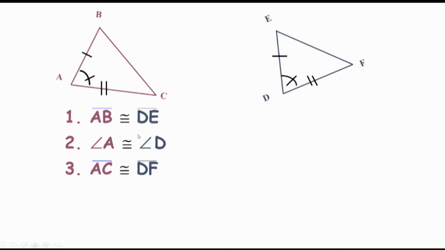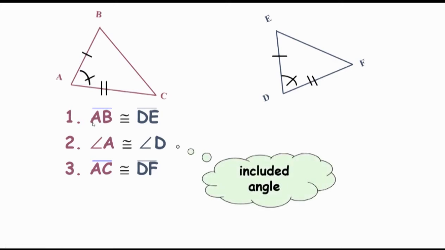So look at this. Three proofs that these two triangles are congruent. So we have S. We can actually say angle A and angle D are congruent, and are included angles. Why? Because they're right between two sides.